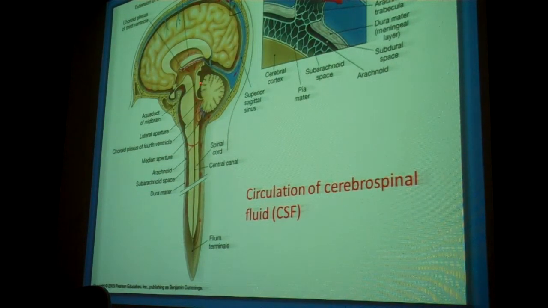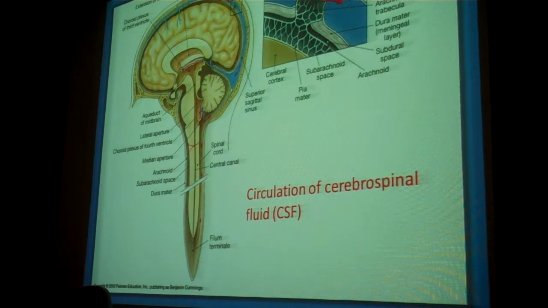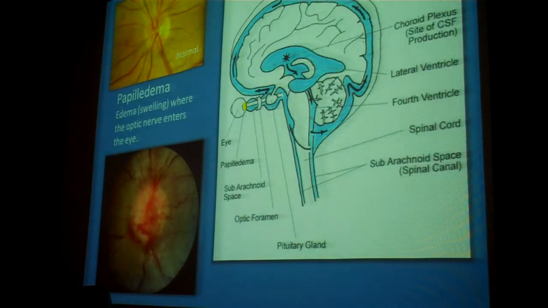So now what happens if you have blockages here? You can be born with blockages there. You can develop tumors that block that cerebral aqueduct. You're producing a lot of fluid, so you're going to get high CSF pressure in the brain. As an adult, you're going to have all kinds of issues that need to be addressed, and one of them might be this.